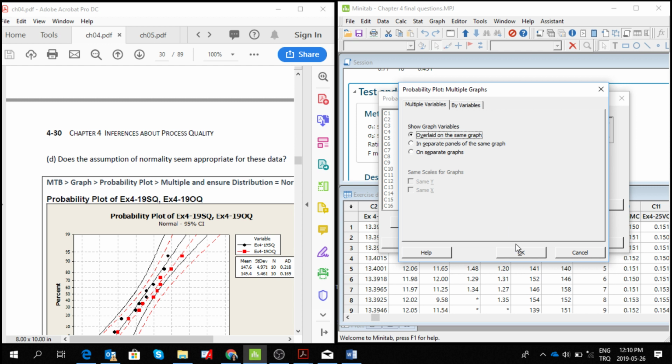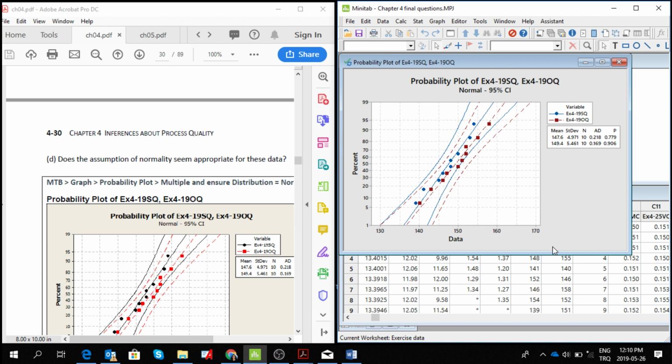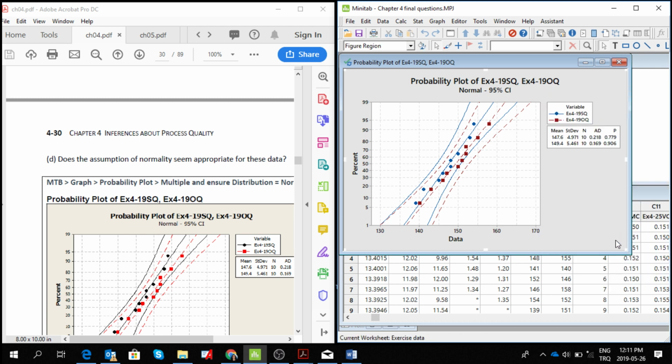So let's do that. We want to see them on the same graph, like in the solution here. Let's run it and see what happens. Okay, as you see, it is exactly the same. So first of all I'm going to send it to my Word file. Then you see the red ones.